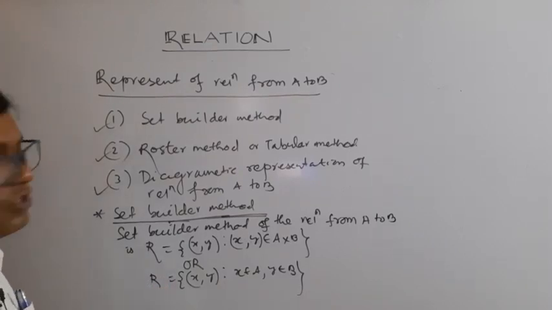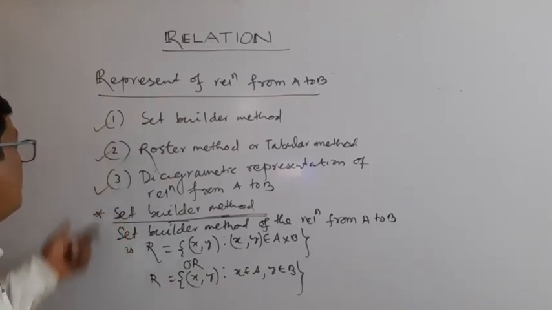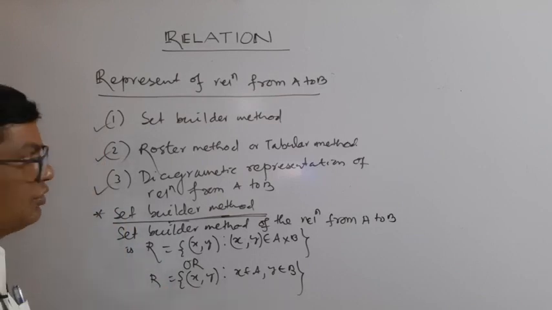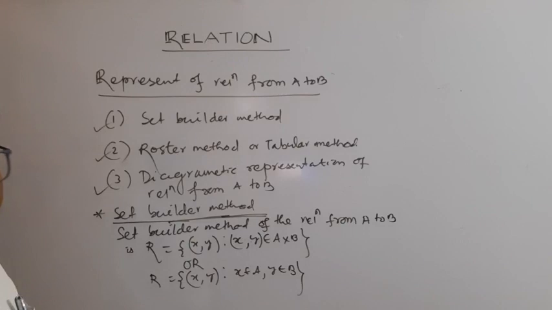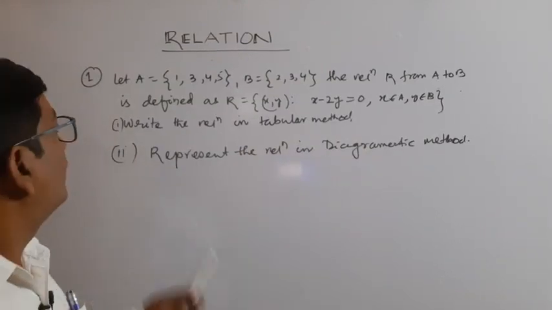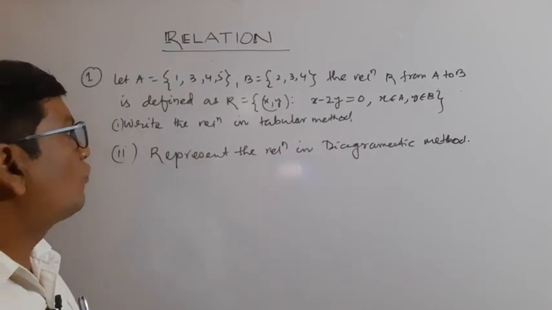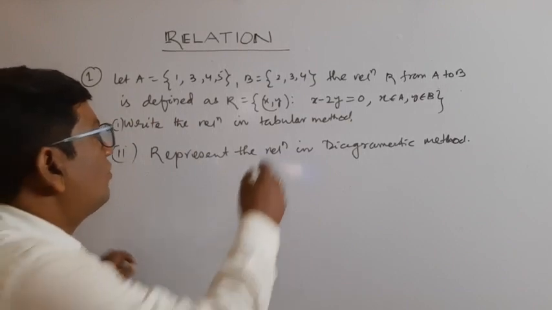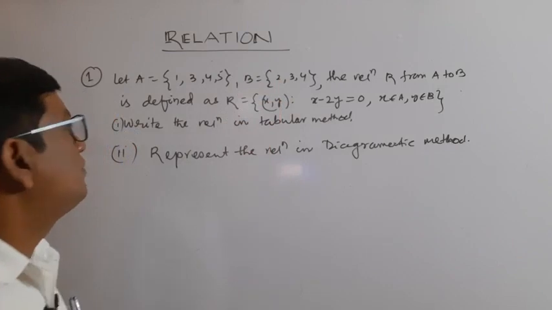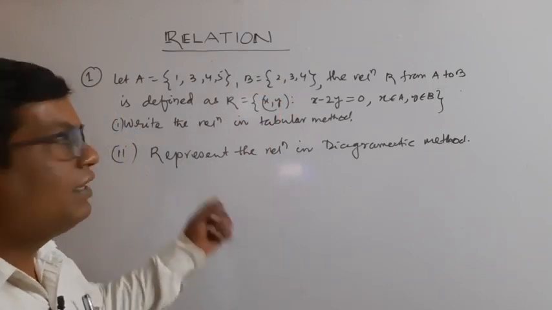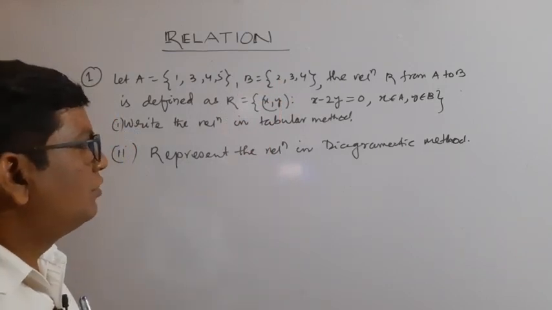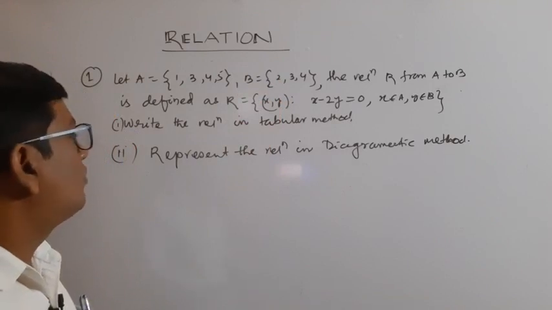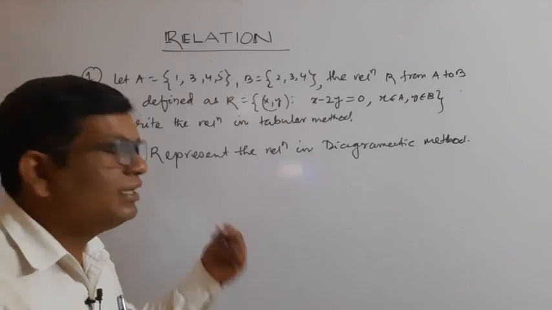Now let's discuss the other two methods, taking examples. Let A is equal to {1, 3, 4, 5}, B equal to {2, 3, 4}. The relation R from A to B is defined as R is equal to {(x, y) such that x minus 2y equal to 0}, where x belongs to A and y belongs to B. Write the relation in tabular method, and represent the relation in diagram method.